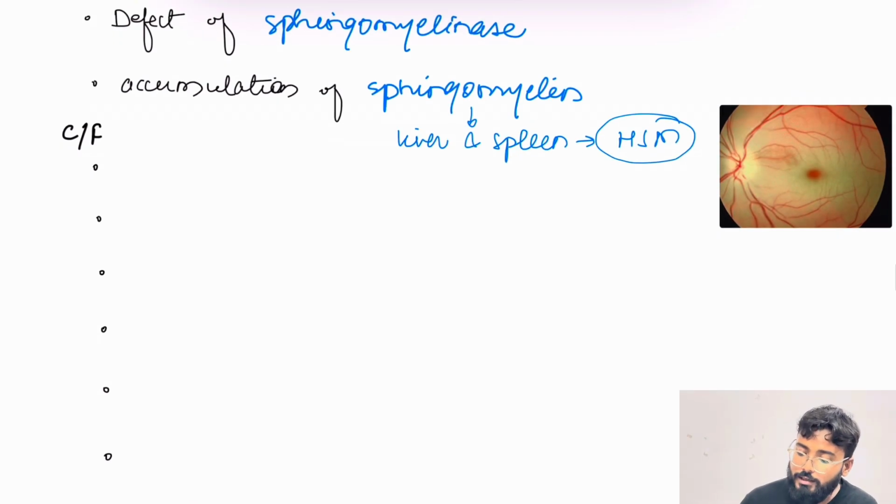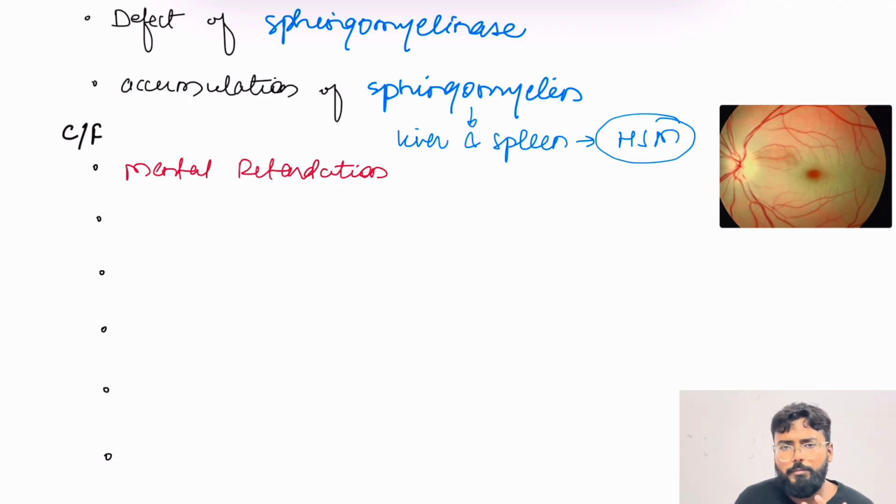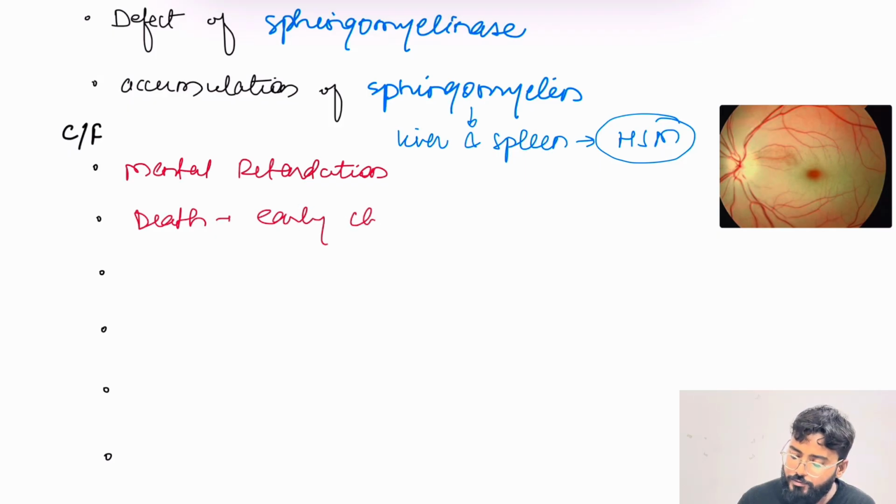Now, the other clinical features that we need to remember are mental retardation. Next, in Niemann-Pick disease, death may occur at a very early stage of life, in early childhood.